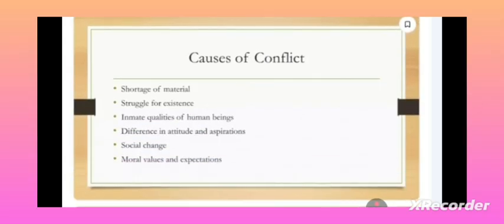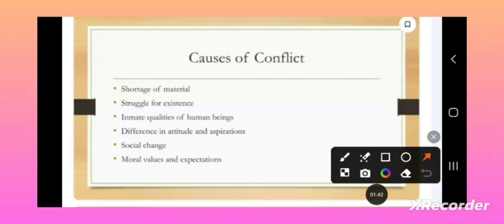Causes of conflict. Shortage of material: competition over scarce resources like land, wealth, and goods. Struggle for existence: a fundamental drive for survival and dominance. Innate qualities of human beings: basic human instincts or psychological tendencies.